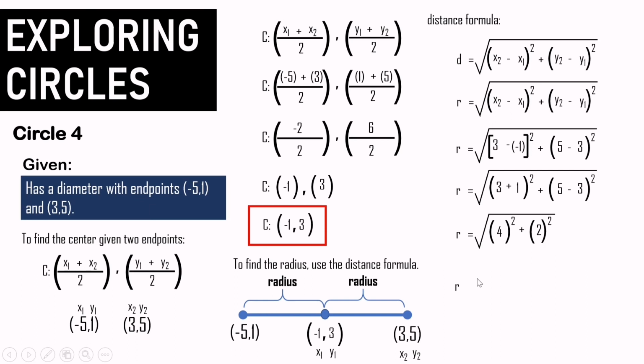So r is equal to square root of 4 squared is, pila na siya? 16 plus 2 squared is 4. So our r, or the radius, is square root of 16 plus 4 is 20.